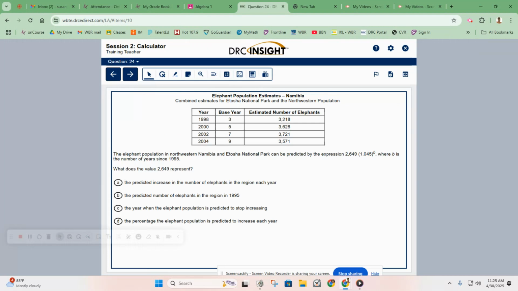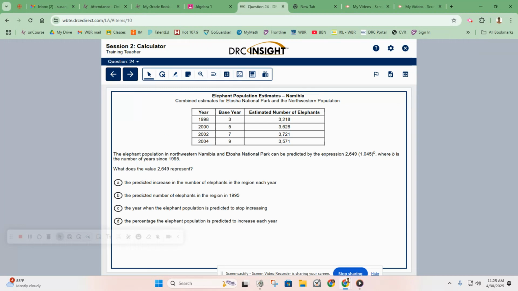I think one of the most challenging parts about LEAP is making sure that you're reading it all, because this one's a little tricky because it's not talking about from the beginning of time, okay? It says that an elephant population in northwestern Namibia, in Etosha National Park can be predicted using this expression.